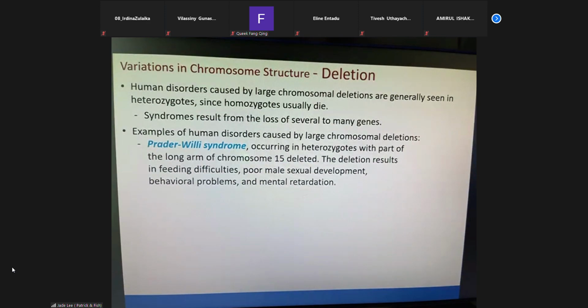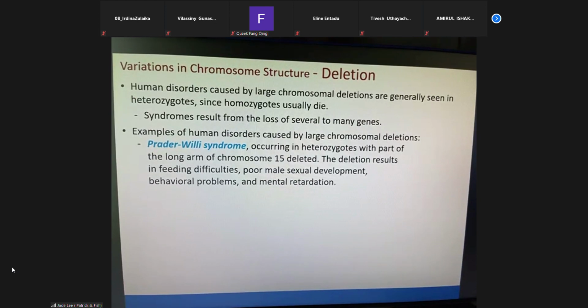So the deletion results in feeding difficulties, poor male sexual development, behavioral problems, and mental retardation. And later in second year you will learn epigenetics, which is what we call gene imprinting, because Prader-Willi syndrome also involves genetic imprinting, but I'm not going to talk about that now. In second year we will go into depth on this.